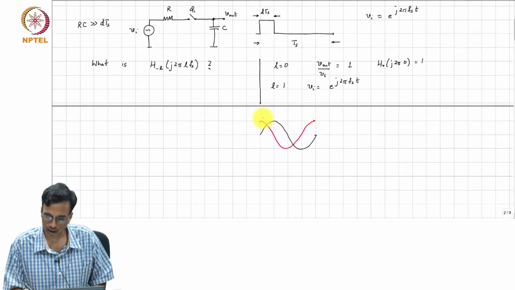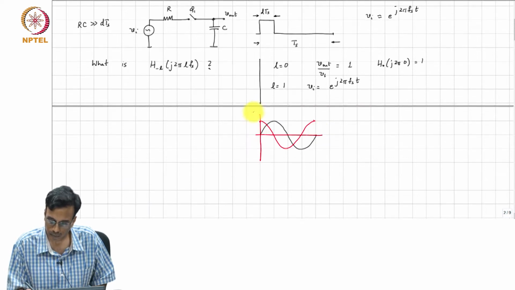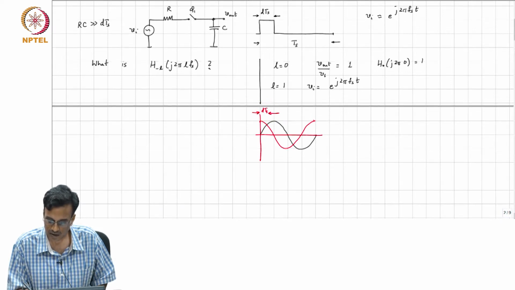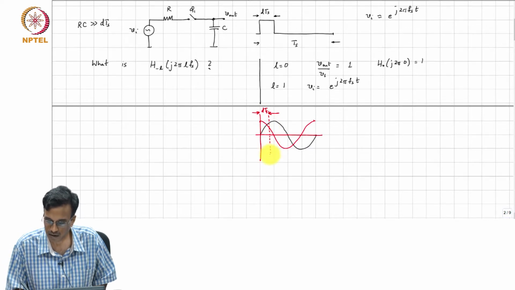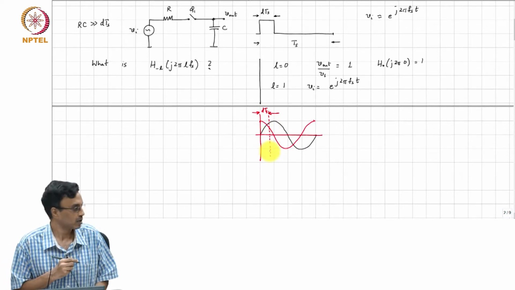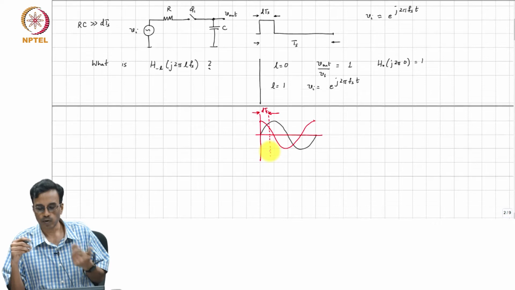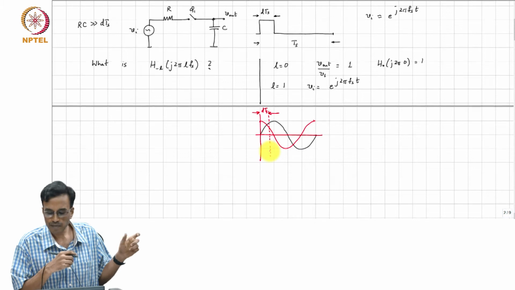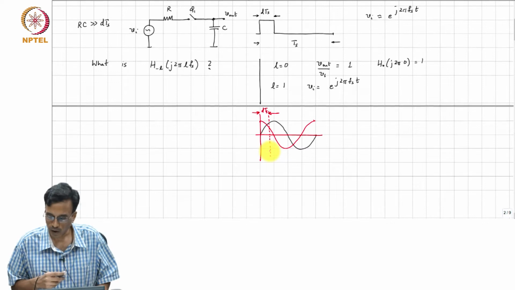So, this is D times Ts, right, and what the capacitor is doing is essentially averaging that part of the waveform, correct, because it keeps seeing the same over all cycles, and therefore, the only way the DC current through the capacitor can be 0 is if the voltage across the capacitor is the average of that part of the waveform.